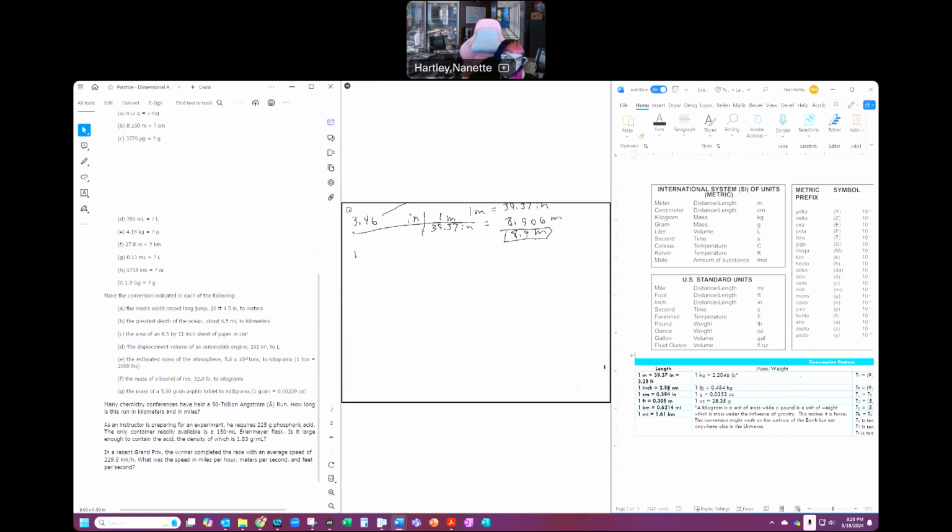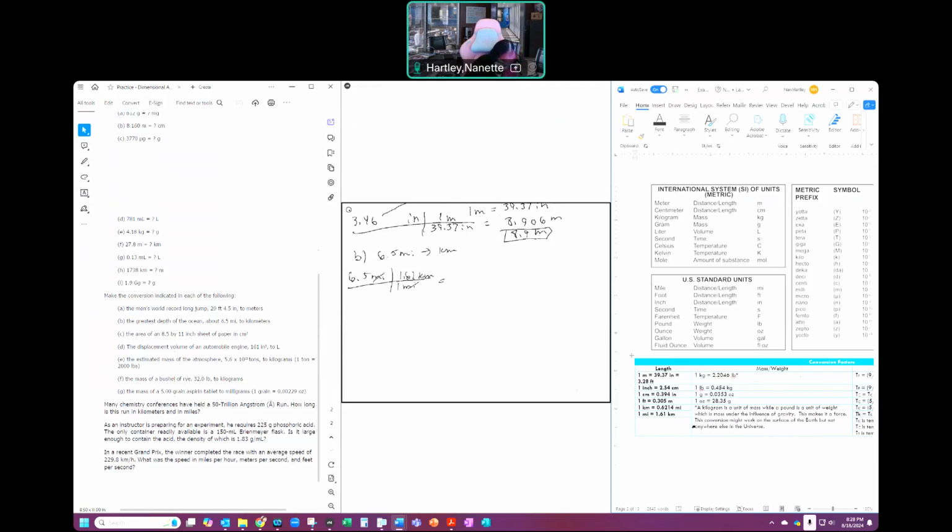B. The greatest depth of the ocean at 6.5 miles to km. Starting to set it up already, 6.5 miles. I know that I'm going to need to get rid of the miles. And I see down here at the bottom in the length, 1 mile equals 1.61 km. So 1 mile goes down here, 1.61 km goes here, miles cancel.